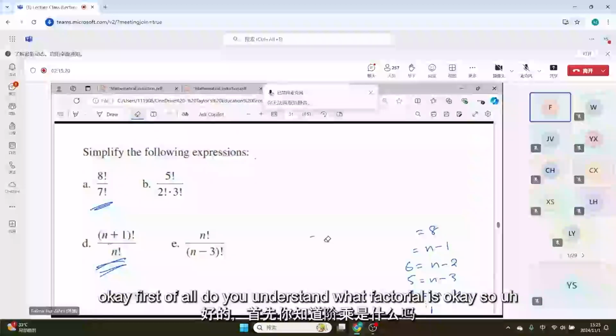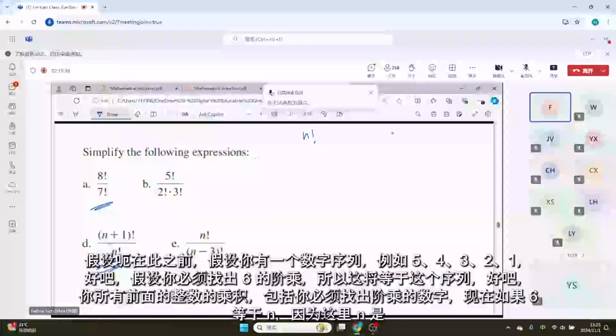First of all, do you understand what factorial is? So factorial, how do you represent it? N factorial. Let's say you have a sequence of numbers, for example, 6, 5, 4, 3, 2, 1.